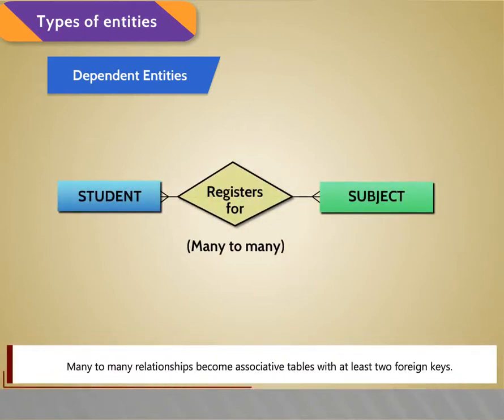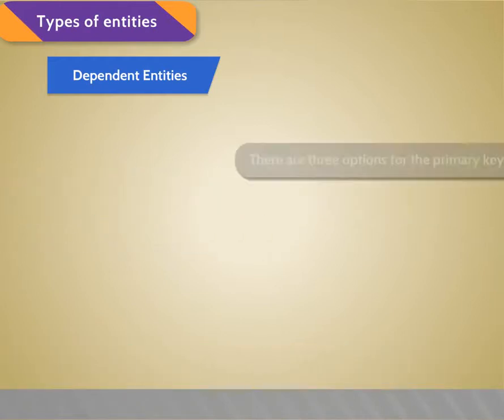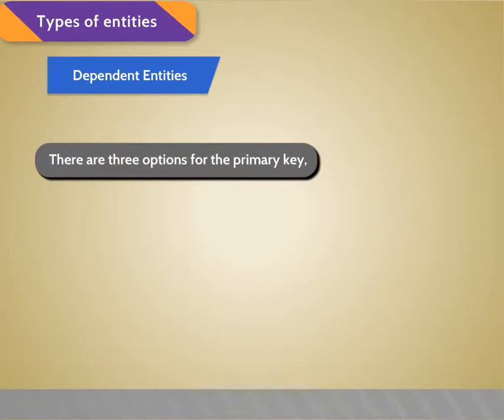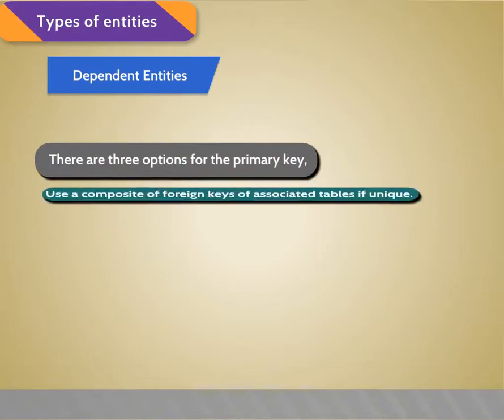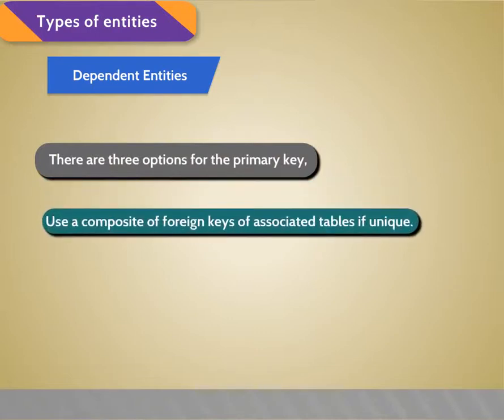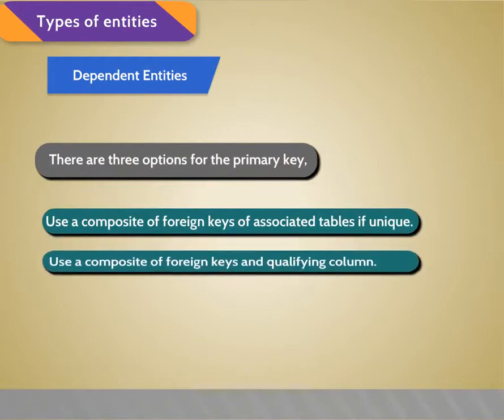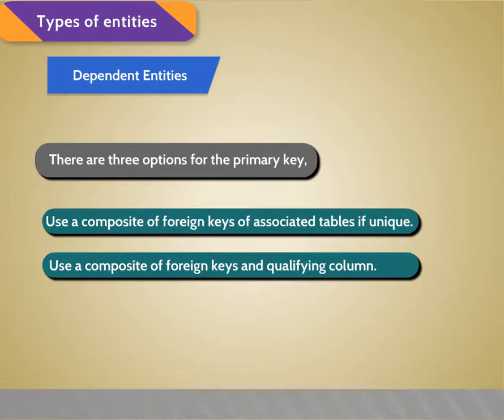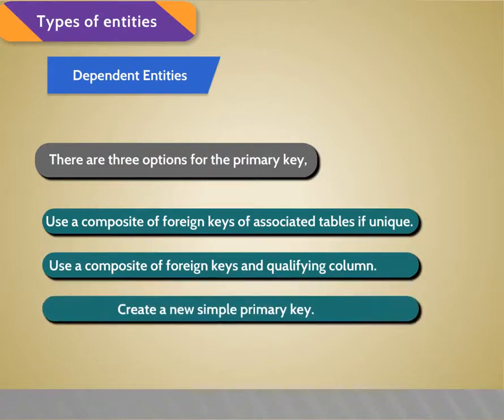Many-to-many relationships become associative tables with at least two foreign keys. There are three options for the primary key. Use a composite of foreign keys of associated tables if unique. Use a composite of foreign keys and a qualifying column. Or create a new simple primary key.